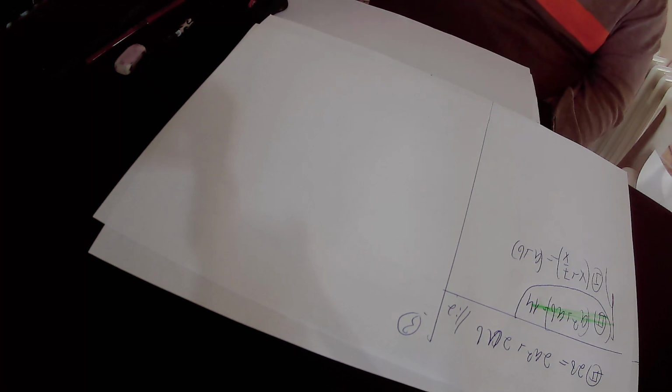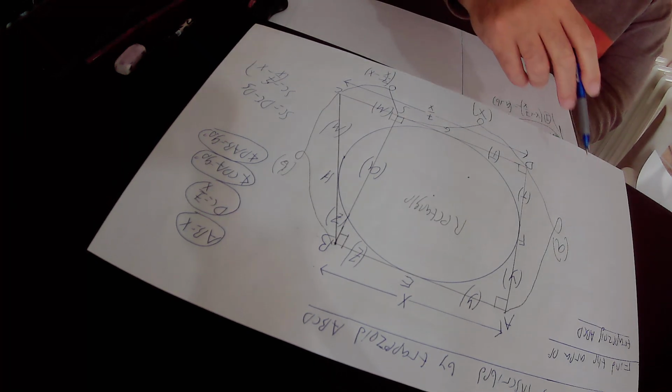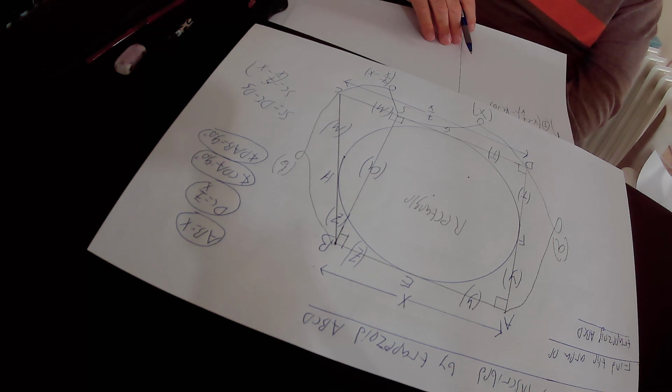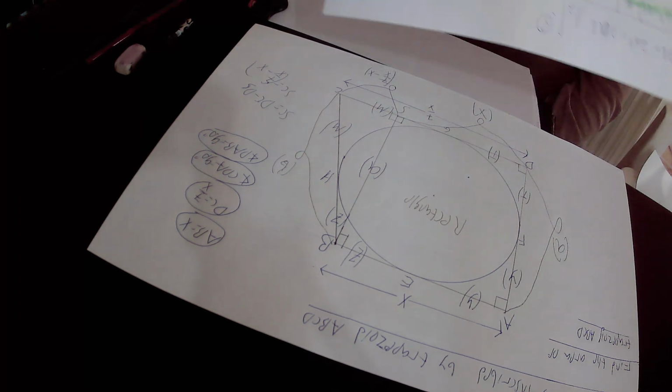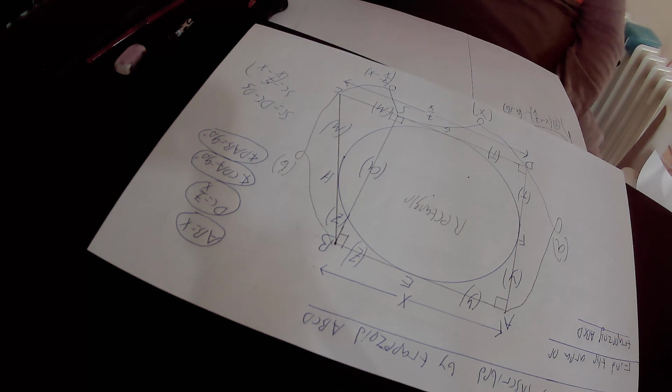In the next step, we'll find out the area of this trapezoid ABCD. We know that the area of any trapezoid equals to the sum of its two bases times the height to the base over 2.